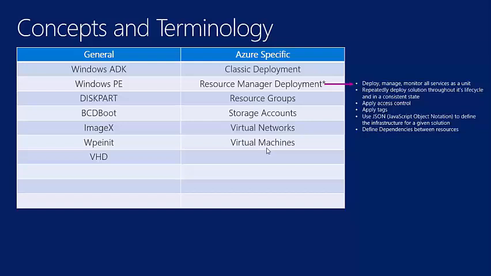Windows PE, part of the Windows ADK. Windows PE, a lightweight version of Windows used for deployment of systems and troubleshooting. It's unique in that it runs from memory, and that's going to be important. When the system boots, Windows PE will run from memory.